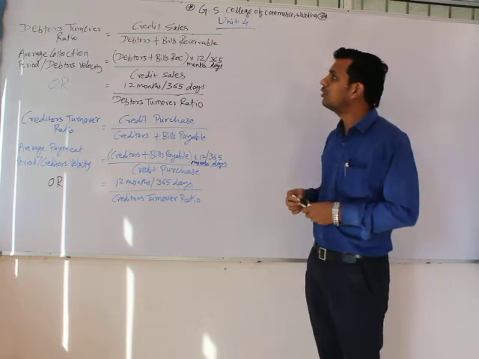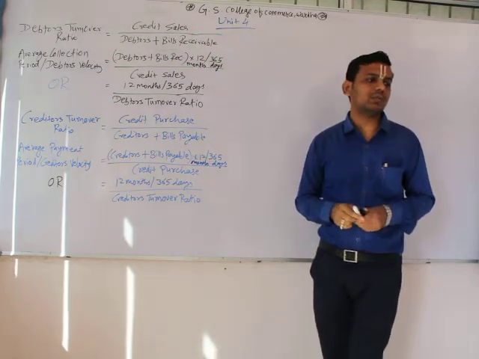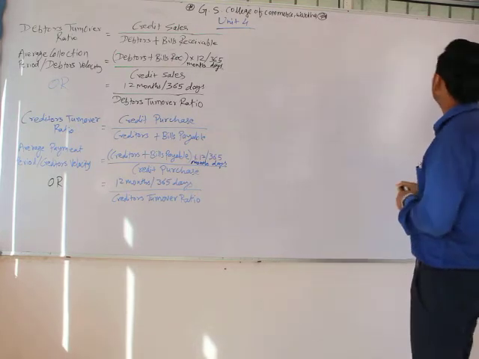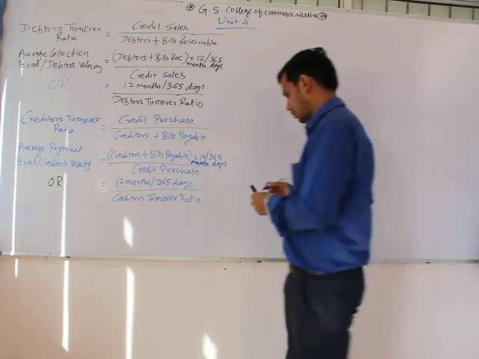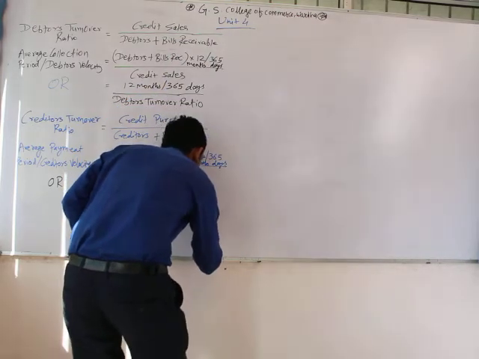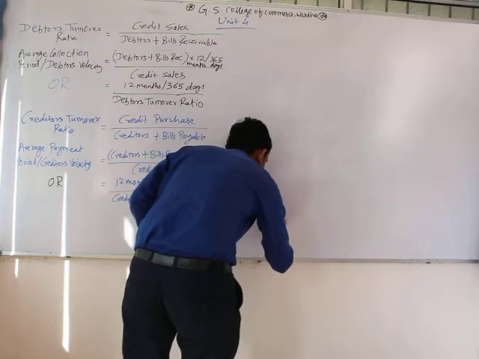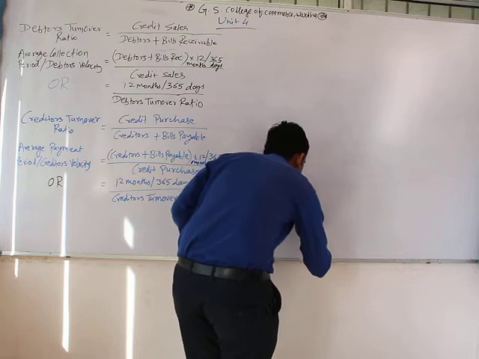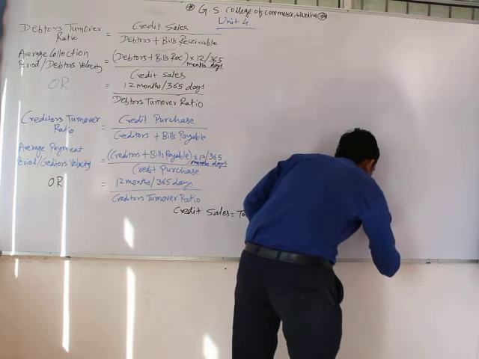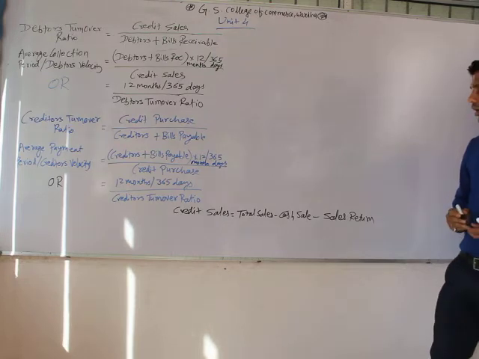But before moving to calculation of debtors turnover ratio, we would need credit sales, and for that purpose we have to calculate first of all credit sales. So credit sales is equal to total sales minus cash sale minus sales return. This would be the formula which we would use for the calculation of credit sales.